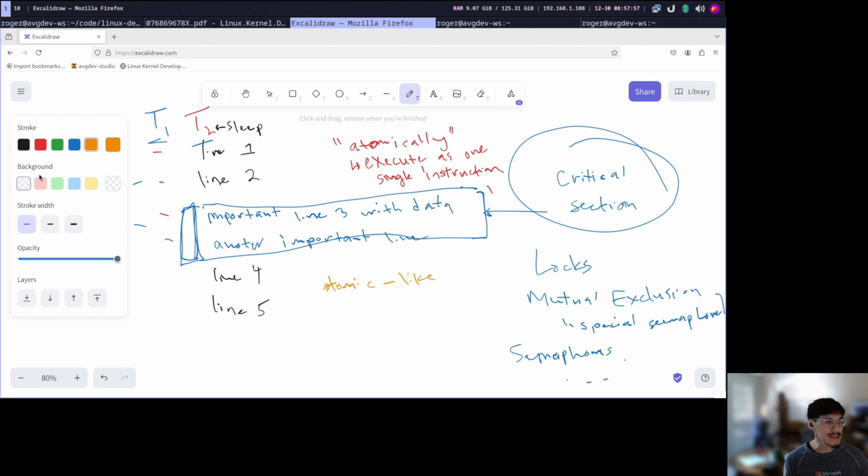Even this single line of code here could be multiple instructions in assembly. So all of this is actually multiple instructions. How do we make this critical section execute atomically, as if it was a single instruction?